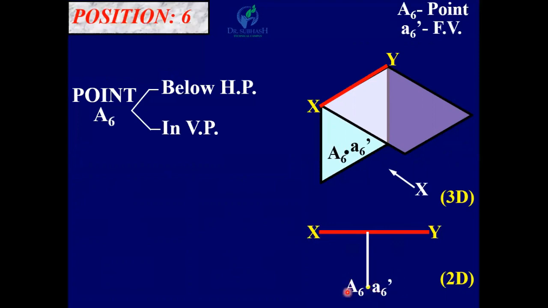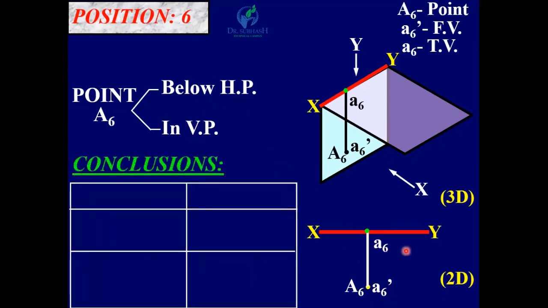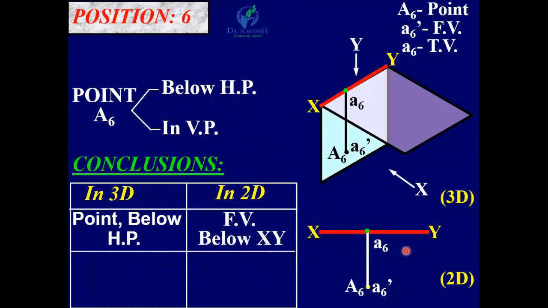So here you can see this original point and front view are the same. Now looking from the top, its top view is on XY line, A6. So again here you can see the point is below HP, so its front view is below XY line and in VP, so top view is on XY line. So conclusion, point below HP, front view below XY, point in VP, top view on XY line.